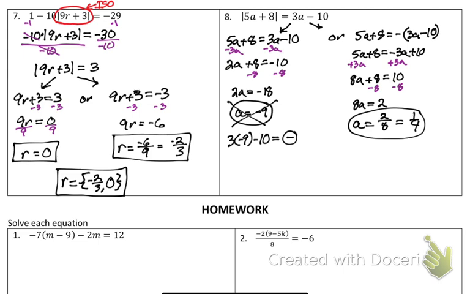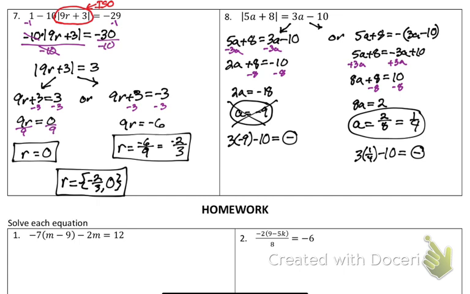So let's go ahead and plug in 1/4. And you can plug this in your calculator. We have 3 times 1/4 minus 10. But my big thing is, does that turn out to be a positive or a negative? It's going to be a negative. There is no way that 3 times 1/4 is bigger than 10. So we end up having a negative.